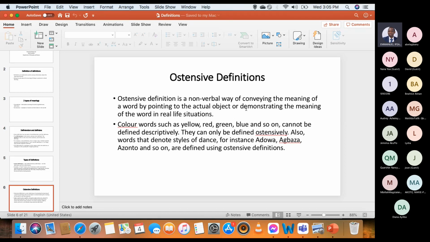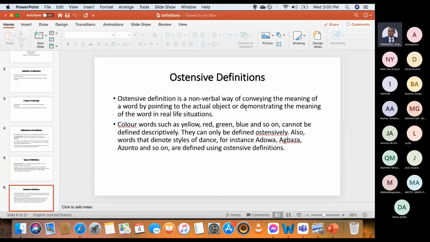We saw ostensive definitions, which are those definitions that you cannot describe, those that have only denotative meanings. These are things you can only talk about by pointing to examples, like color words such as yellow, red, green.